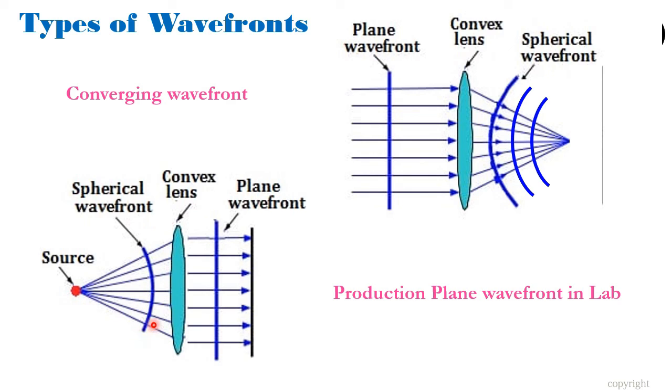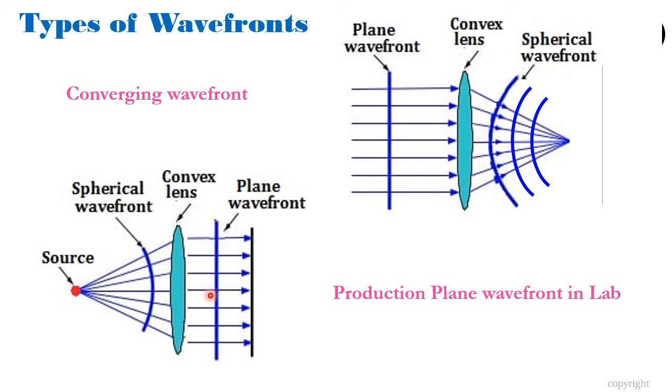And when it passes through a convex lens, then after that this spherical wavefront is converted into plane wavefront, because we know that when an object is placed at the focus of the convex lens, the image is formed at infinite distance.